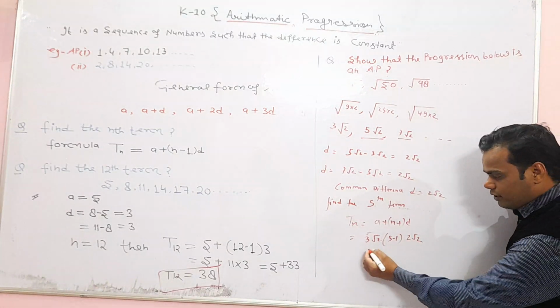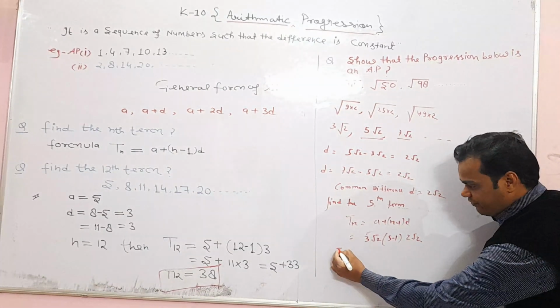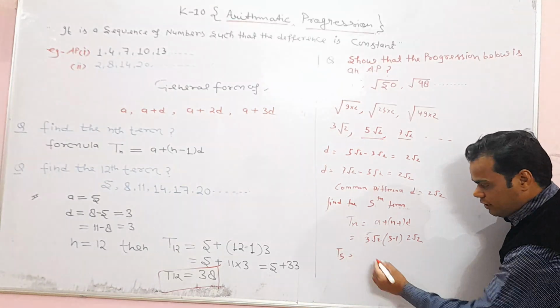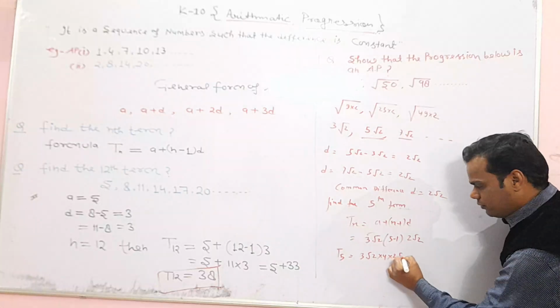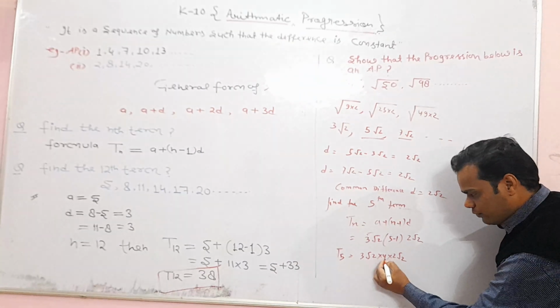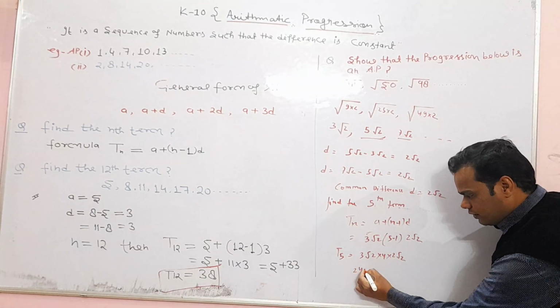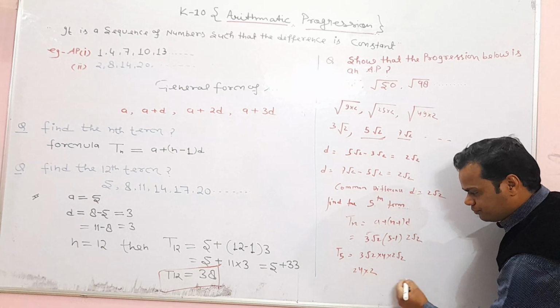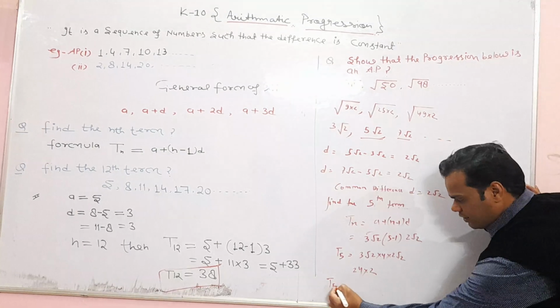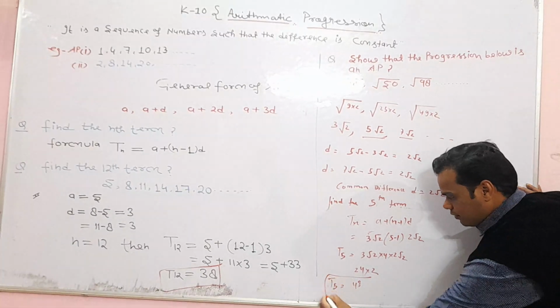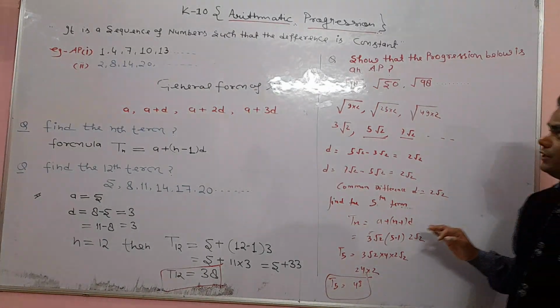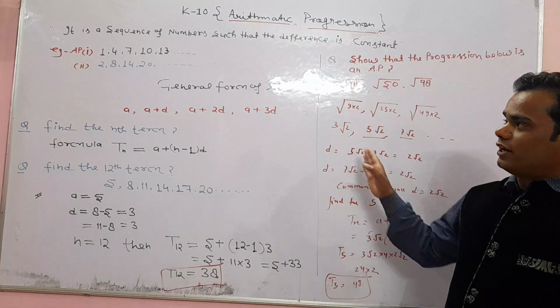So then your T5 is 3 root 2 plus 4 into 2 root 2. Then 4 twos are 8, 8 threes are 24, 24 into 2. Then your T5 is 48.